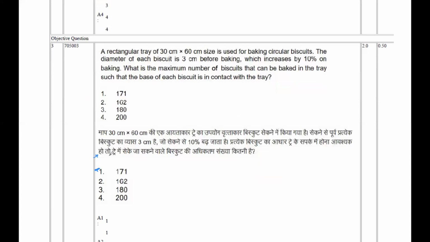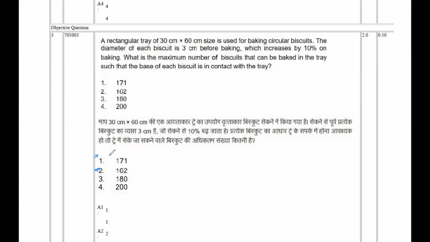Third one. A rectangular tray of 30 centimeter into 60 centimeter size is used for baking circular biscuits. So you have a 60 and a 30 centimeter tray to make circular biscuits. The diameter of each biscuit is 3 centimeter before baking, which increases by 10% on baking.